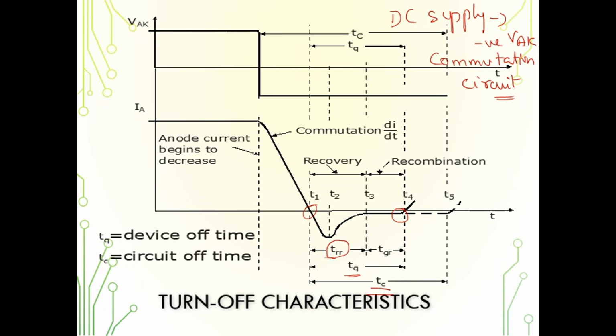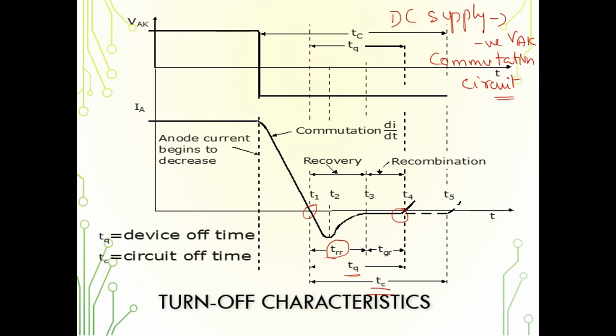And we can turn off a thyristor by making the current reduce below the holding current. To do that, just reverse the polarity of anode and cathode, that means we have to make Vak negative.